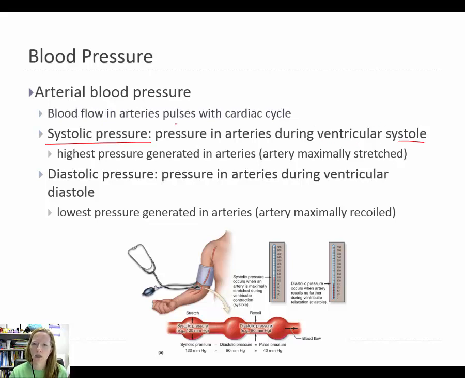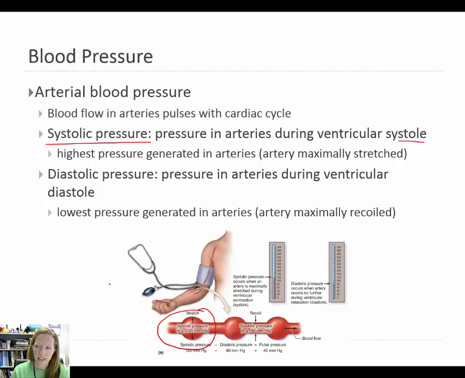And that is going to influence systolic pressure, which means what's happening here in the arteries whenever the heart is contracting. So this systolic pressure is going to be the highest pressure generated in the arteries, and it's where your arteries are maximally stretched. Look at it down here. Normal systolic pressure is going to be 120 millimeters of mercury.